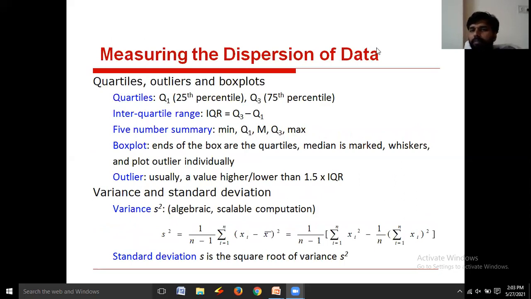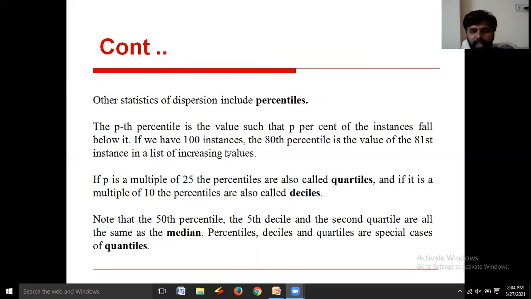Now coming to measuring the dispersion of data. Here, data dispersion is measured by using quartiles, percentiles, deciles, median, etc. I explained percentiles and deciles in the previous slide. These are all quantiles.